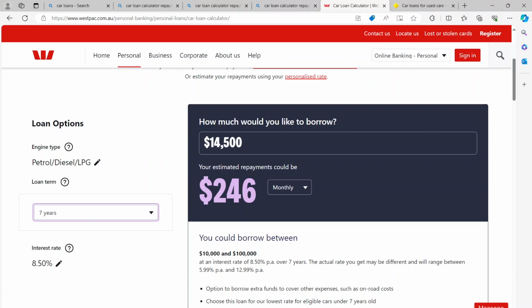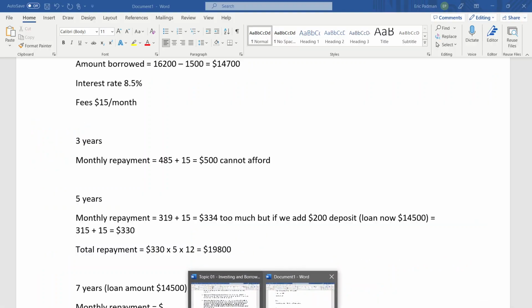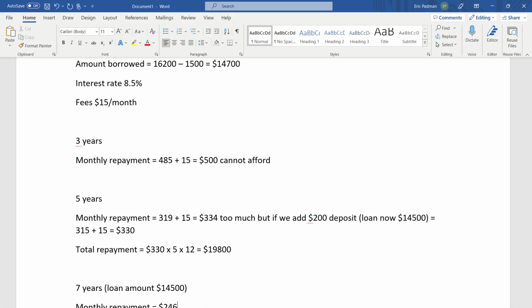So, 246, add on monthly fees, equals... Okay, so what's that? 2, 1, carry the 1, and 6. Yep, that's a lower monthly payment.